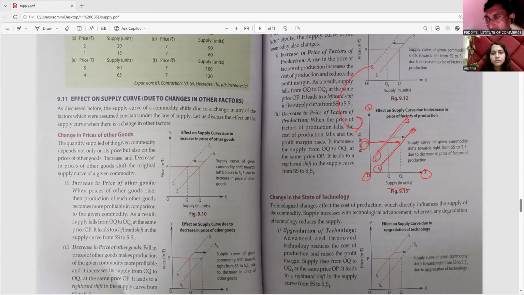So it moves to the rightward side as a rightward shift.